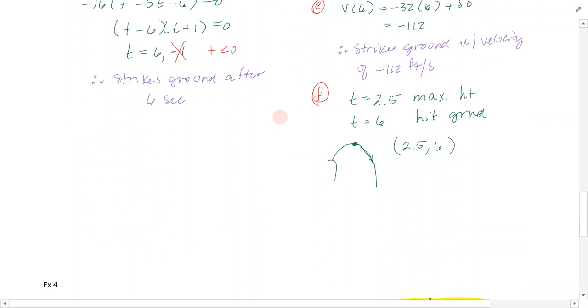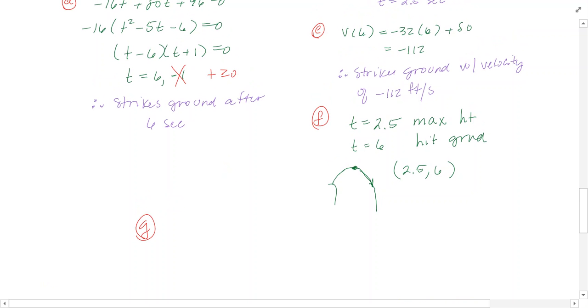So the last piece of this has to do with acceleration. And our velocity function was negative 32t plus 80. So acceleration has to be simply negative 32.